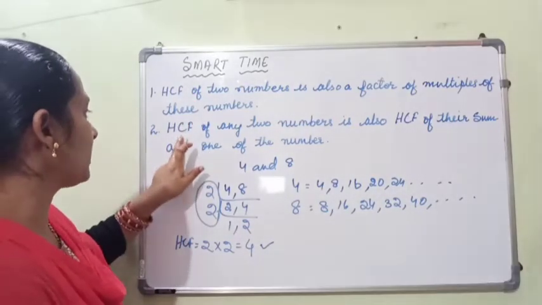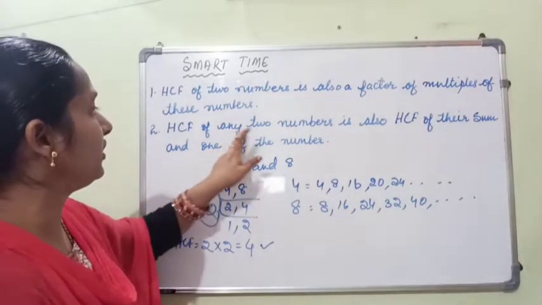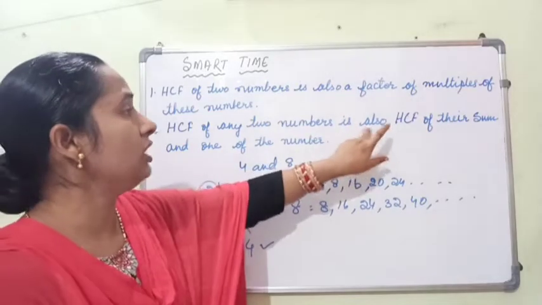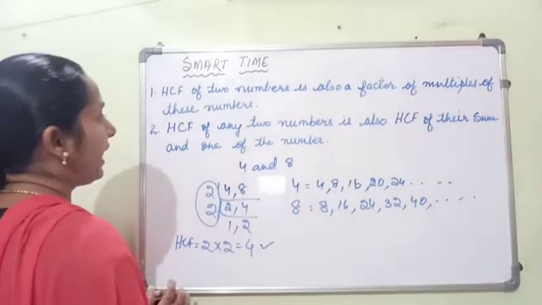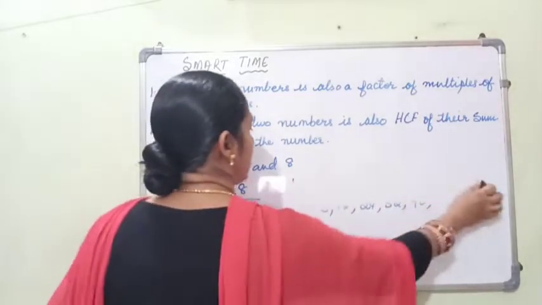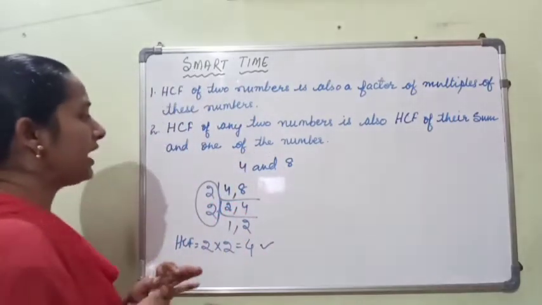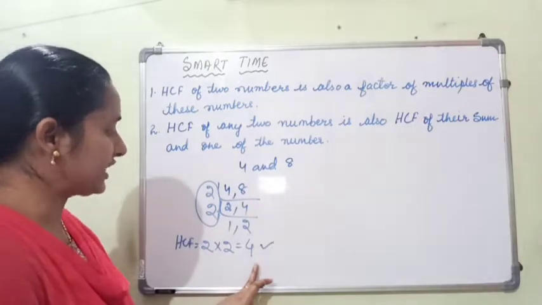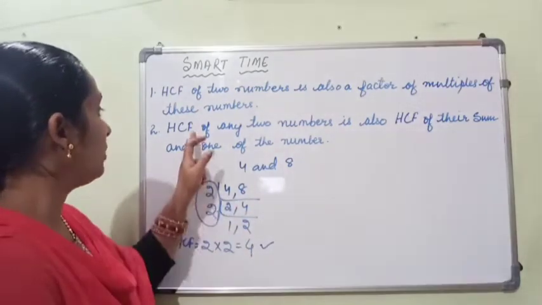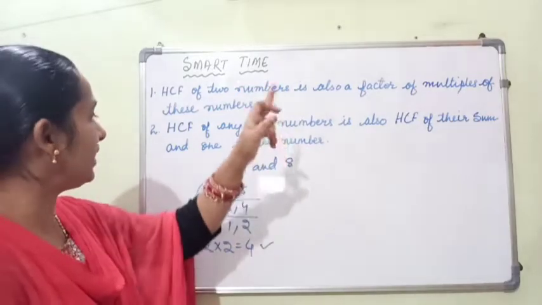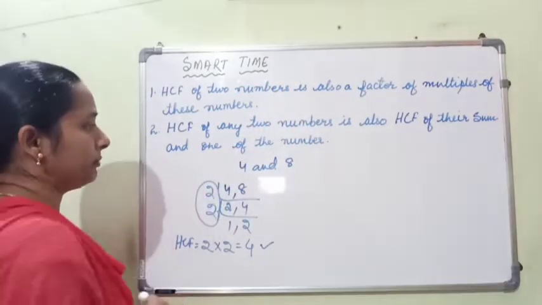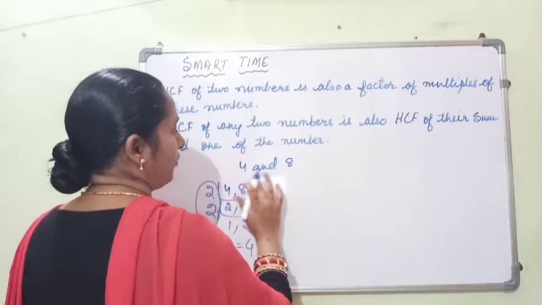Next, coming to the second fact: HCF of any two numbers is also the HCF of their sum and one of the numbers. Let us take the same numbers, 4 and 8. We got the HCF 4. Now what is the sum of 4 and 8?